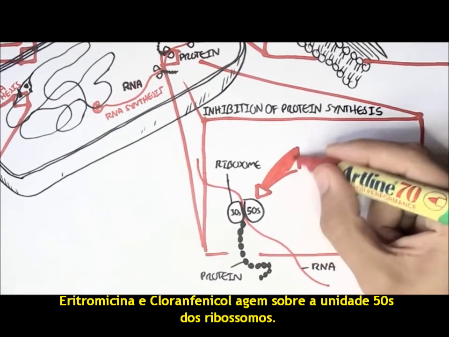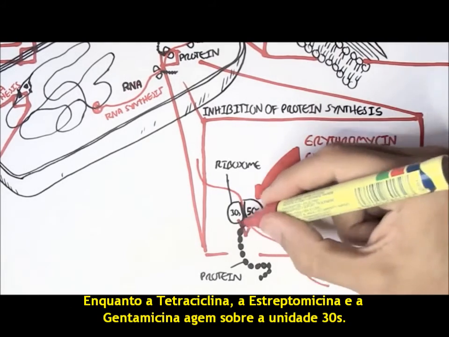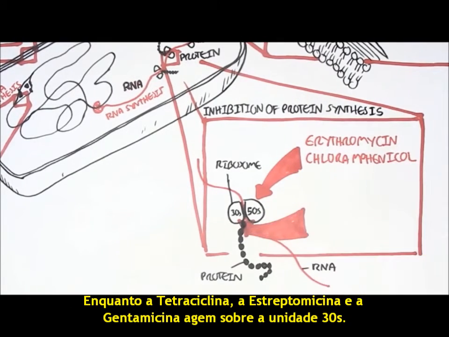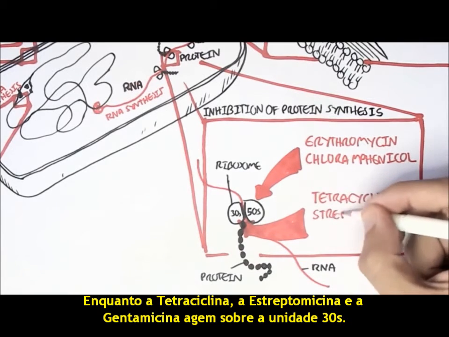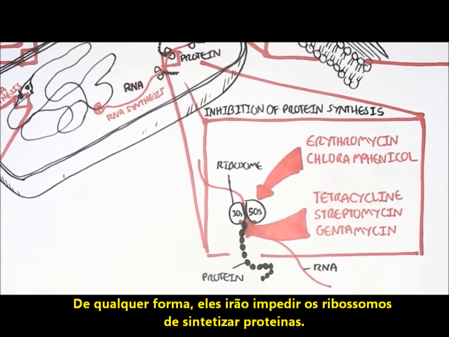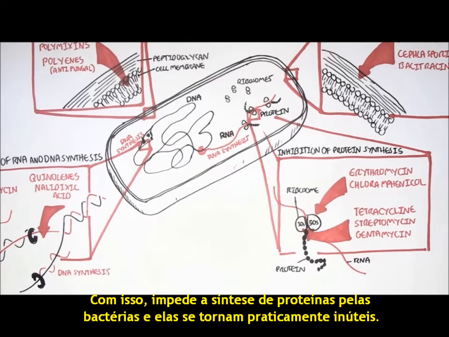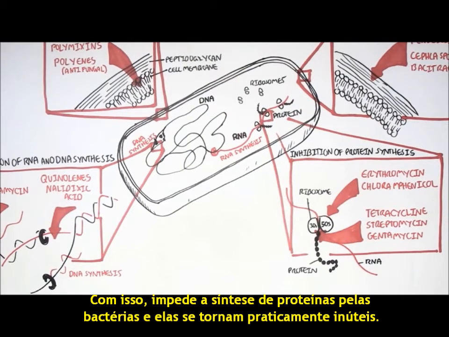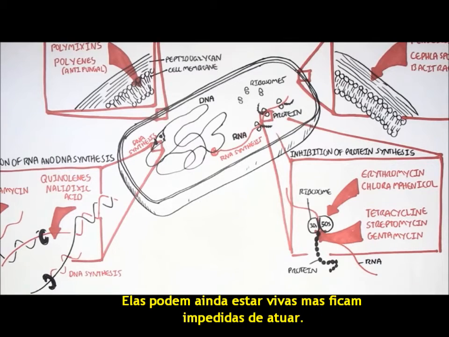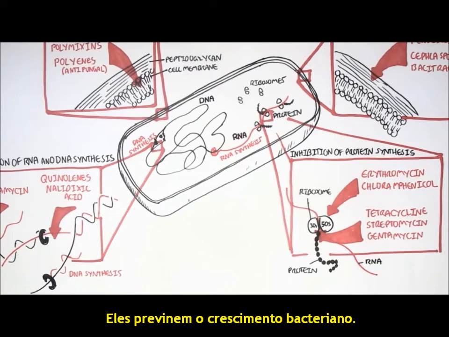Erythromycin and chloramphenicol target the 50S subunit of ribosomes, whereas tetracycline, streptomycin, and gentamicin target the 30S subunit. Either way, this will disrupt the ribosomes from making proteins, which will result in the bacteria being unable to make proteins, so the bacteria is pretty much useless. Thus, the bacteria can still be alive, but it just is unable to make anything. And so these antibiotics that target protein synthesis are bacteriostatic. They prevent bacterial growth.